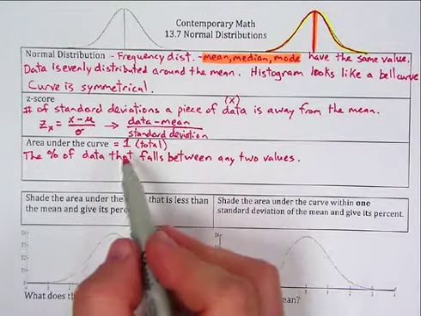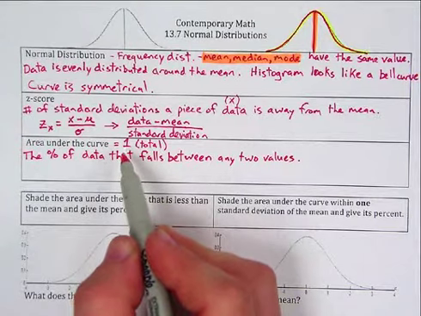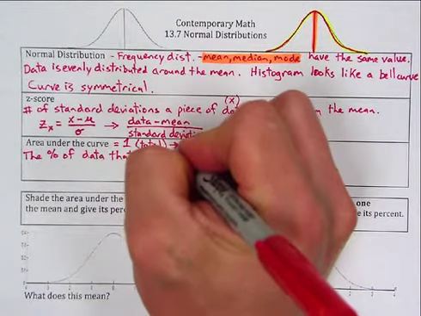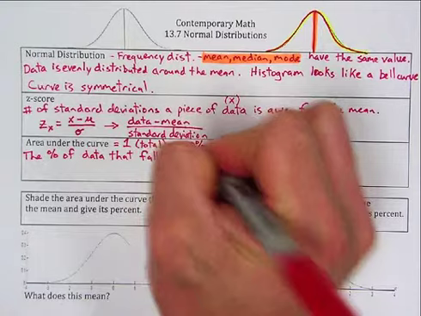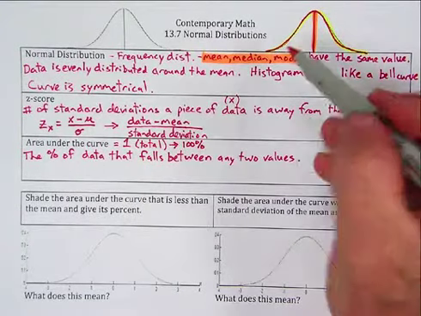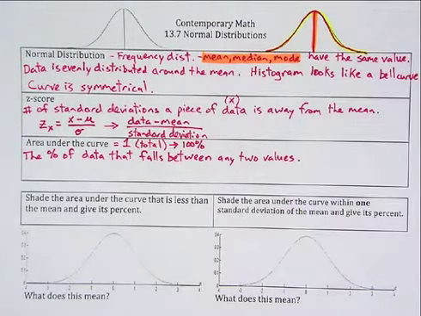So when we think the total area under the curve is 1, that really stands for 100% of the data. Okay, so every piece of data will fall under this curve.